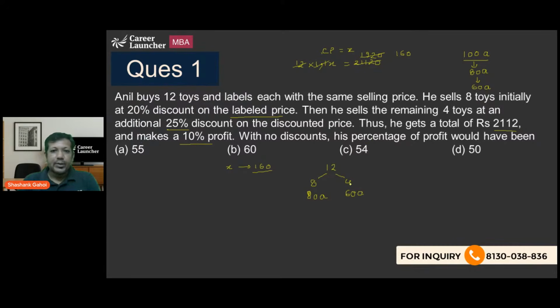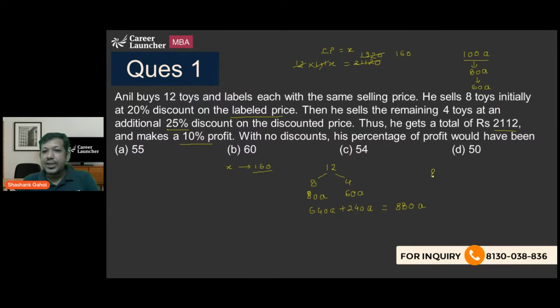What is the total selling price? That becomes 640A plus 240A, which is equal to 880A.